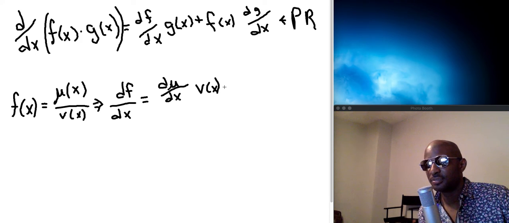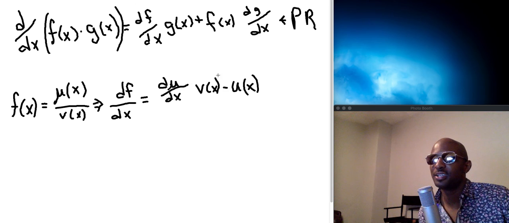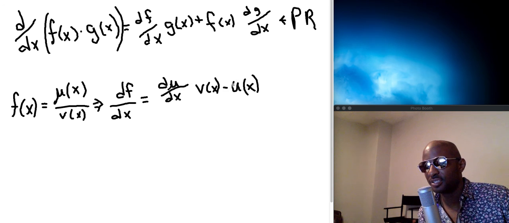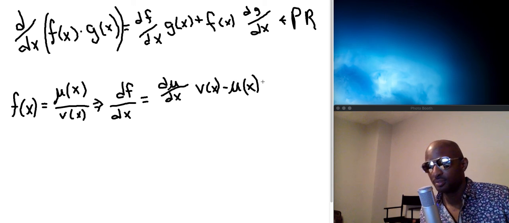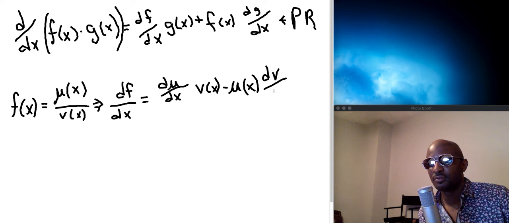Then you subtract u of x, or mu of x, times the derivative of v with respect to x.